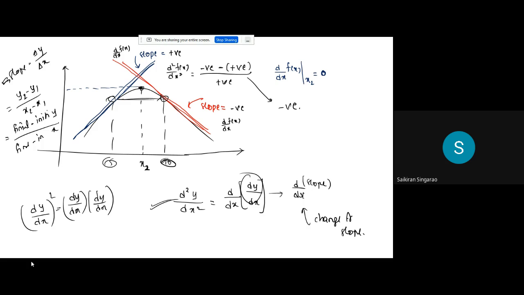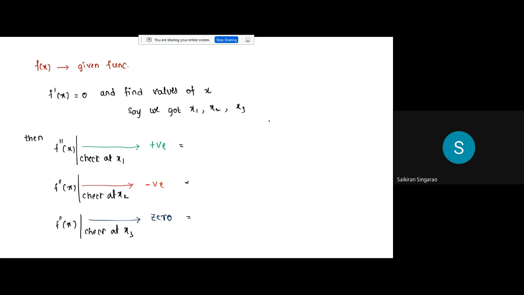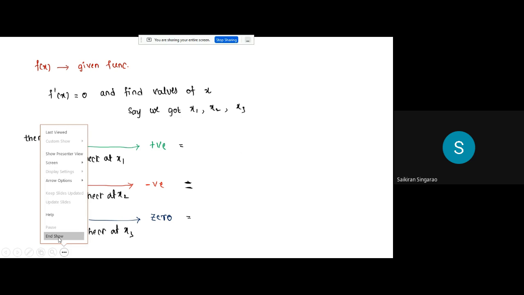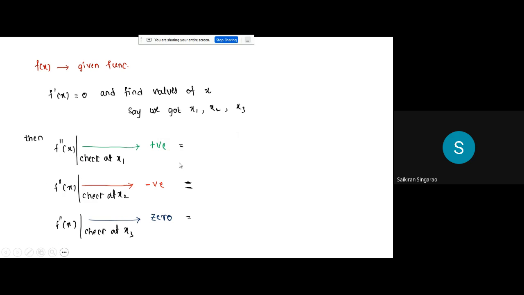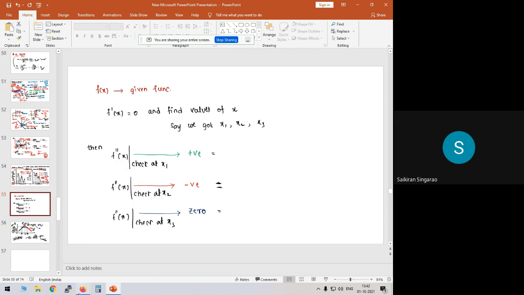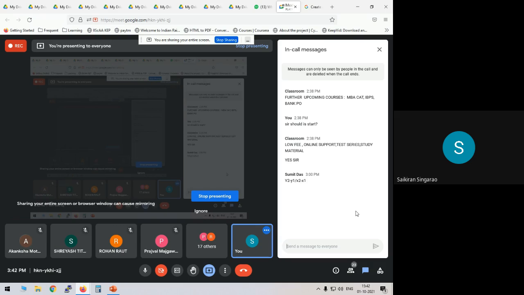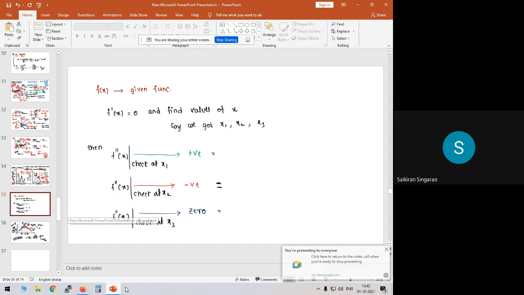So if the double derivative test is coming negative, what is that point, sir? Tell me, if the double derivative test is coming negative, what is that point?